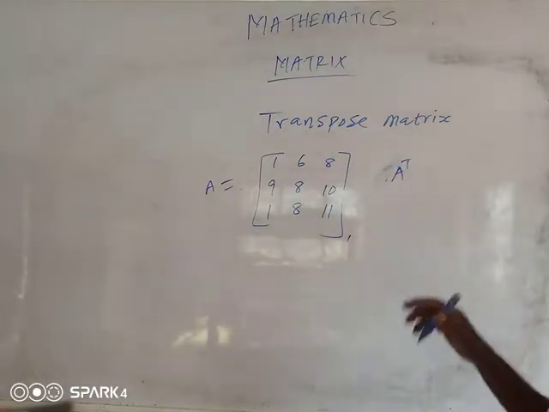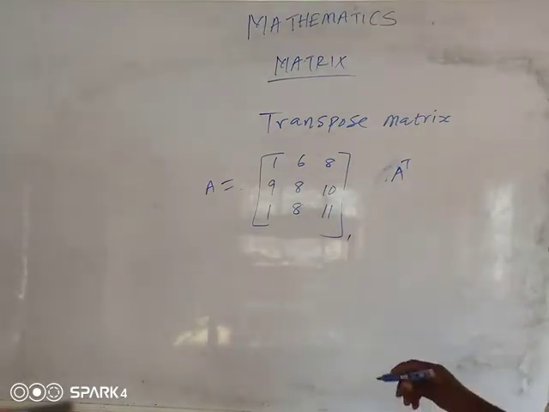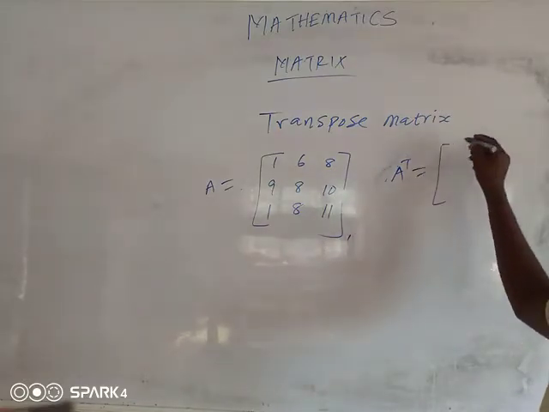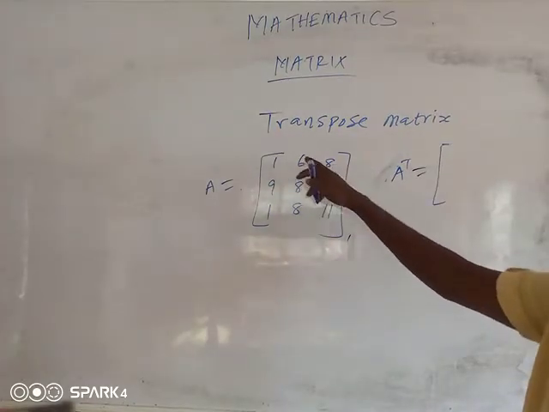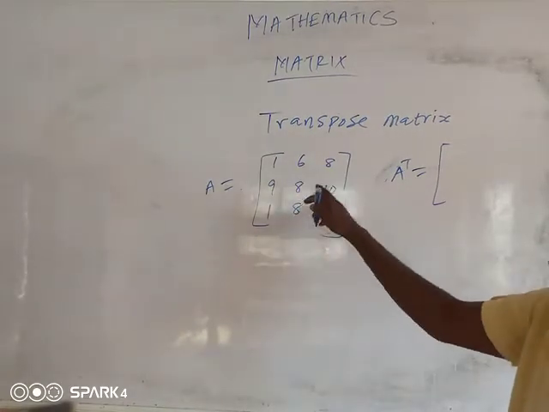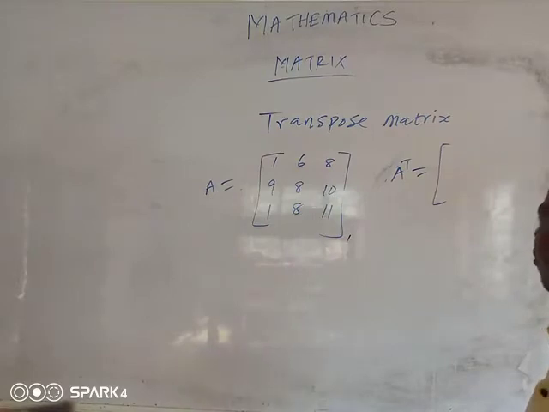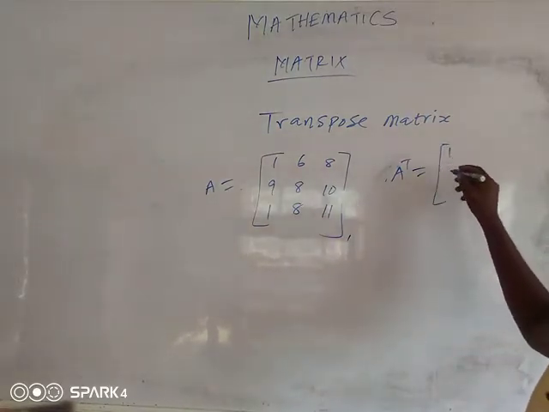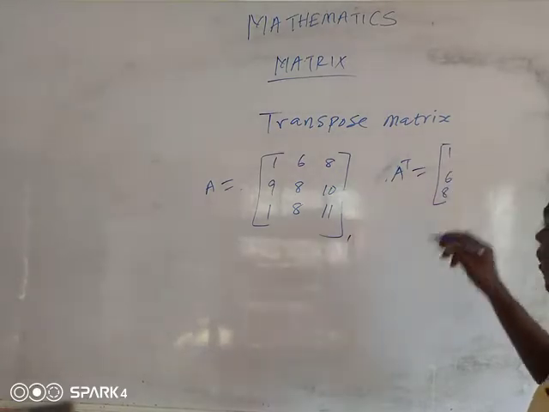We denote it by A raised to T. If we want to get the transpose of this matrix, we just say that all this will become a column, this second one a column, this third one a column. So look at the way I will handle it. I'll write 1, 6, 8.